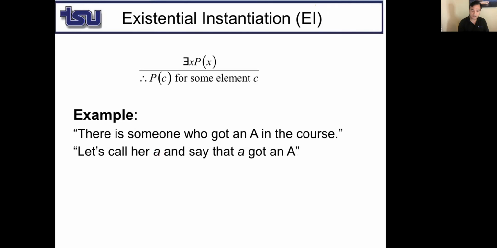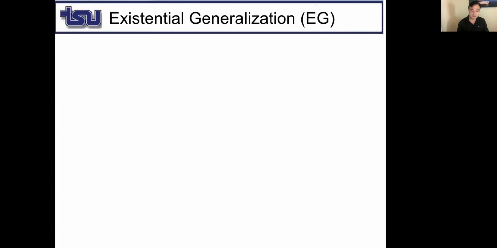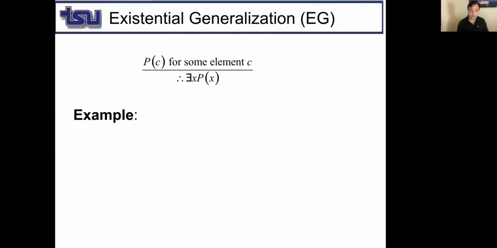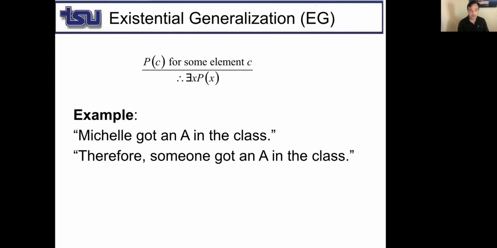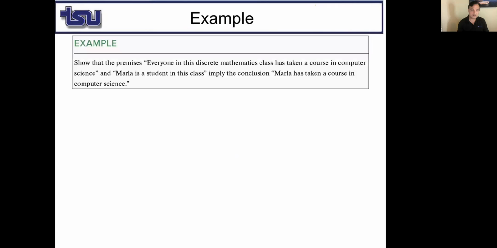At least someone, right? This is really trivial. And if P is true for some element c, we can say there is an element x for which P(x) is true. If Michelle got A in the class, that means there is someone who got A in the class.